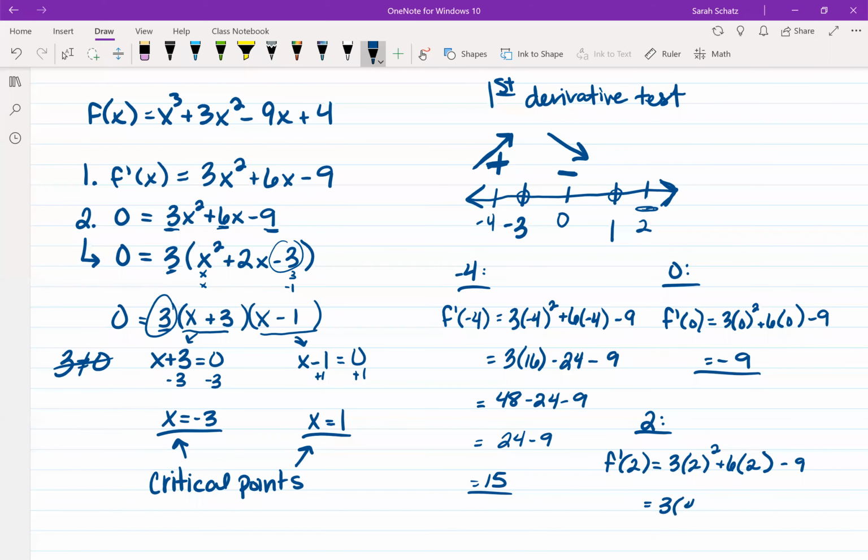So 3 times 4 plus 12 minus 9. 12 plus 12 is 24. Minus 9 is 15. So we got 15 again. That's fine. It's positive 15, and so we're going up there again.